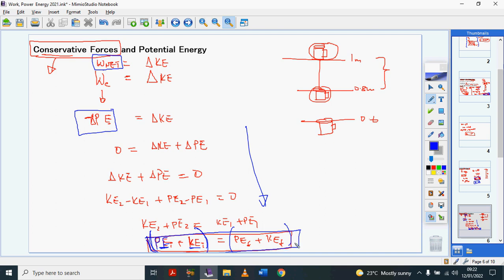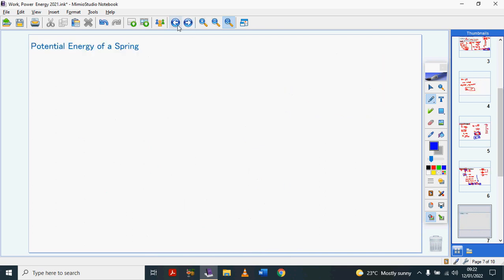Now this can be extended to multiple facets. What do I mean? What we have currently is that the change in potential energy plus the change in kinetic energy of a system is equal to 0, or more aptly or practically put, it's equal to a constant, because 0 is a constant number.